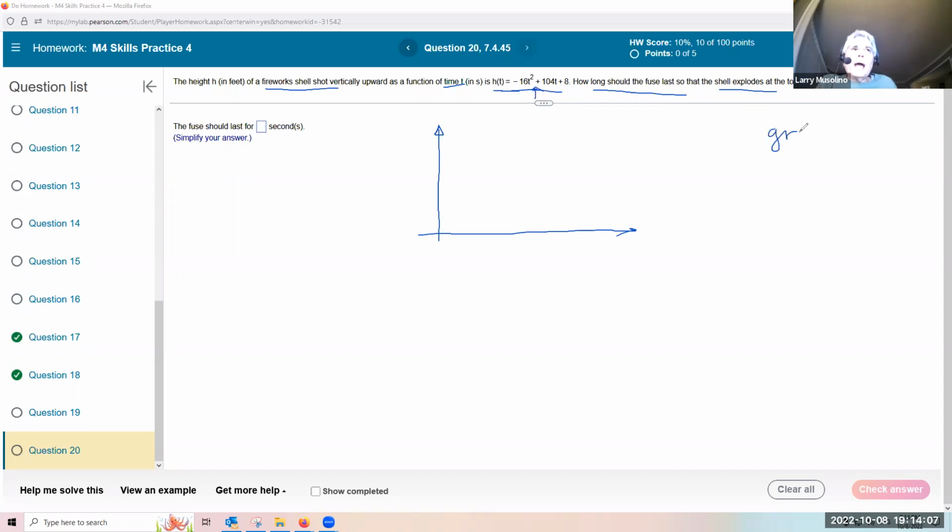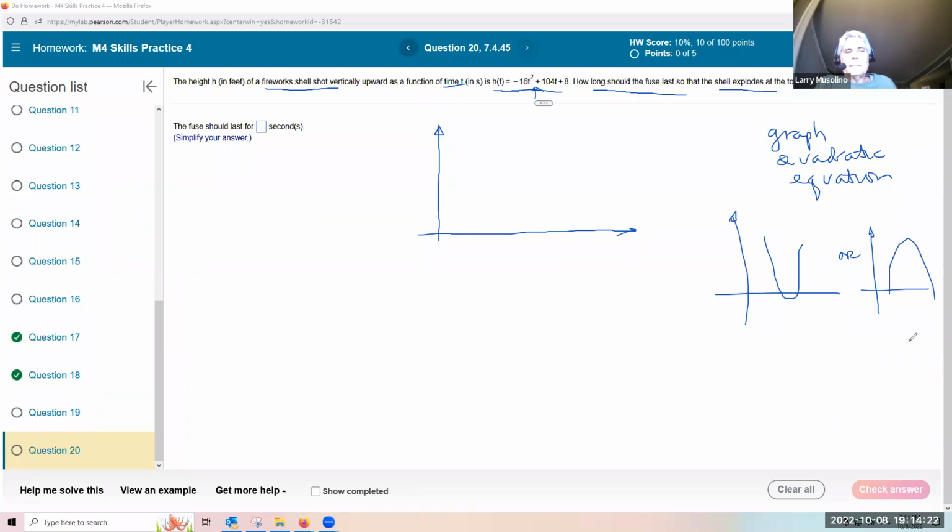When you go to graph a quadratic equation, it's either going to graph as a parabola that opens up like this, or a parabola that opens down like that. The way you know which way the graph opens is you look at the number in front of the t squared.